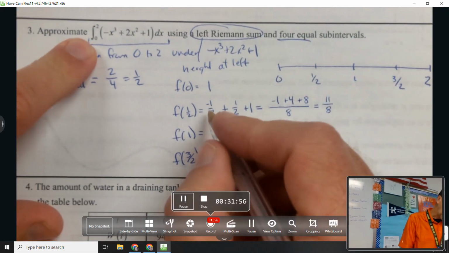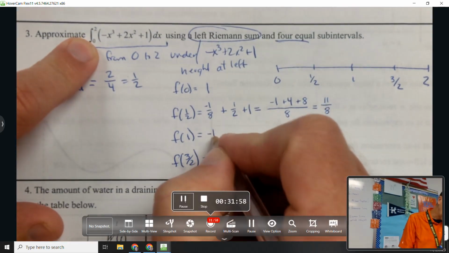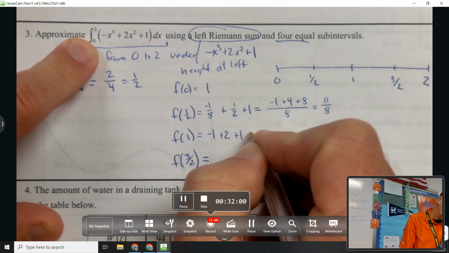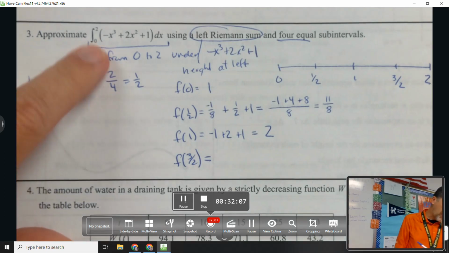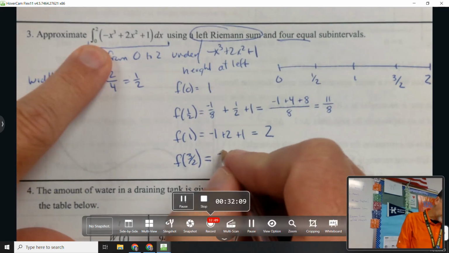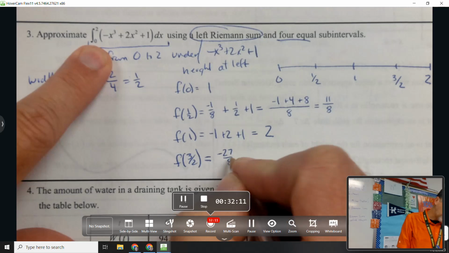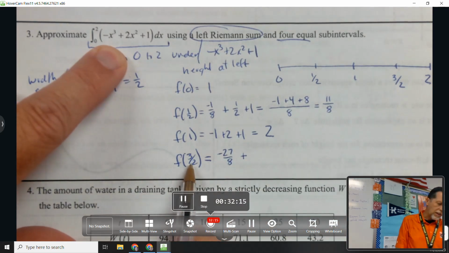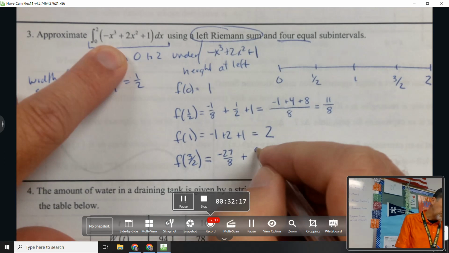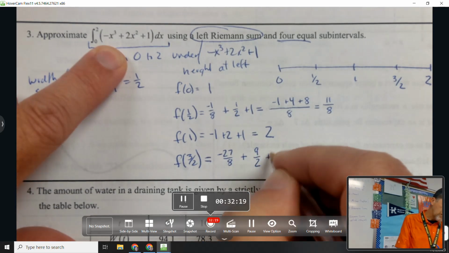If I plug in 1, I get negative 1 plus 2 plus 1. So that would be 2. I plug in 3/2. Let's see, that's negative 27/8 plus, 9/4 times 2 would be 9/2, plus 1.